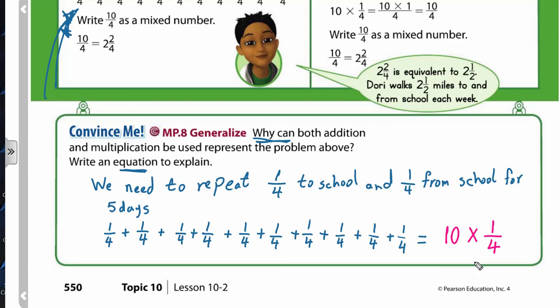Okay, my heroes, 10 seconds to write. 5 seconds is not enough. Go ahead, my heroes, finish. Just write 10 times 1/4. It's very easy to write. Quickly.